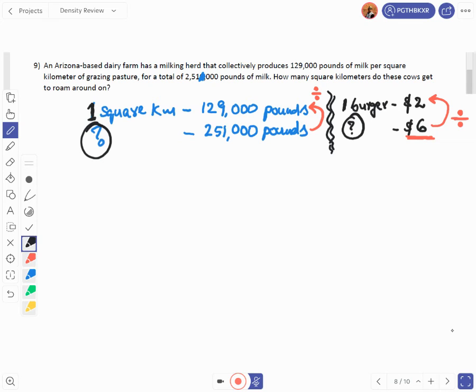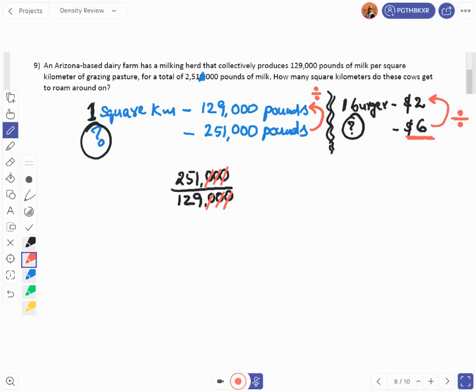Therefore, let me take that 251,000 divided by 129,000. If the numerator has zeros and the denominator also has zeros, the 3 zeros in the numerator and 3 zeros in the denominator cancel. Then I'm left with 251 divided by 129.